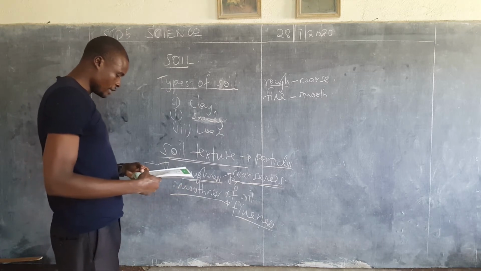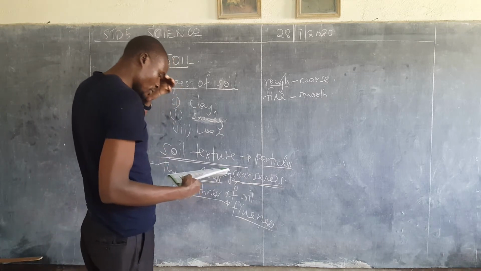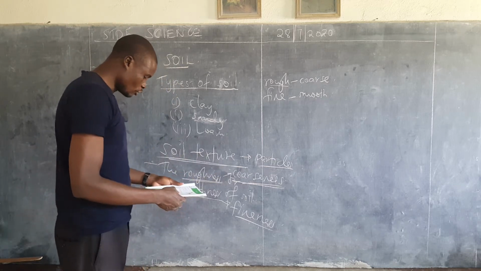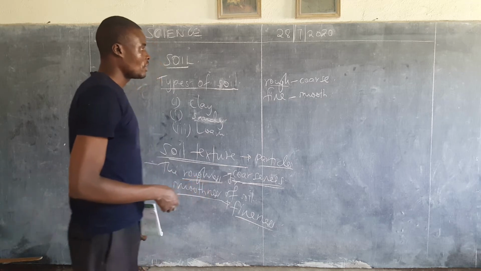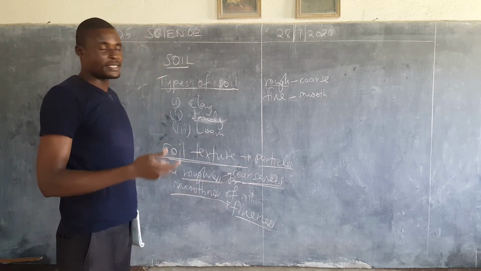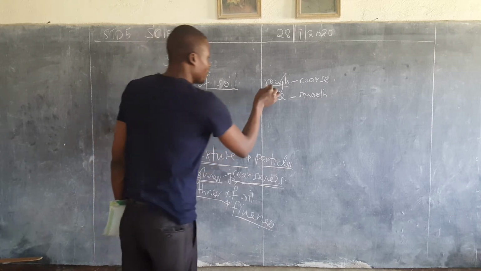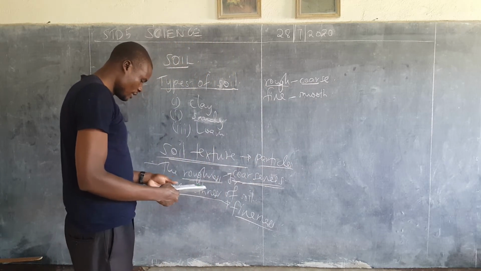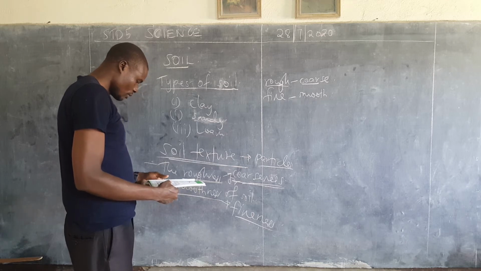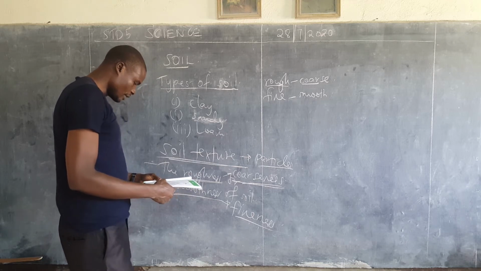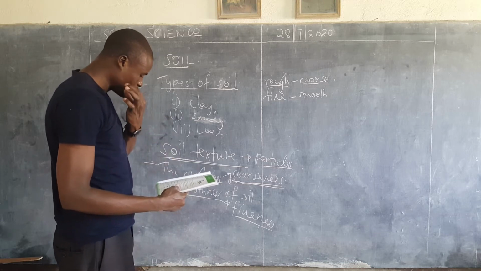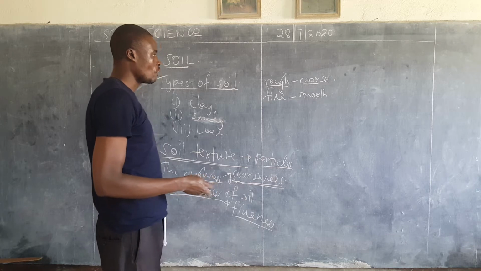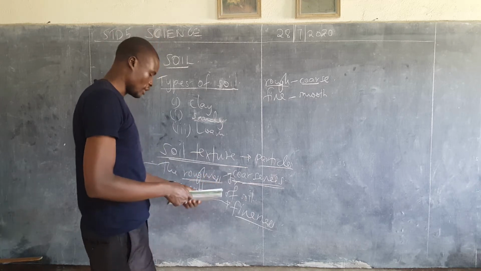Then we come to the type of soil with large particles. The soil with the largest particles, that is sandy soil, is normally rough. It is rough or coarse. Then the type of soil that feels smooth has a smooth texture.